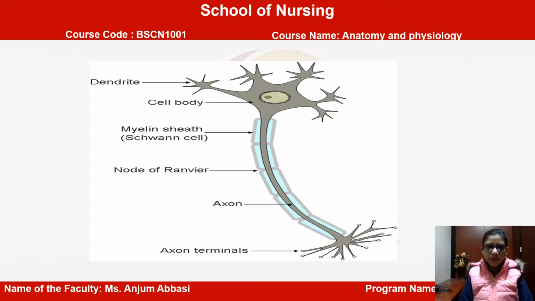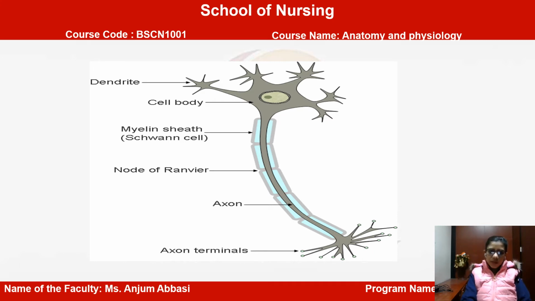So this is the structure of a neuron. You can see the projecting parts at the top. They are known as dendrites. Next, if you come down, you will see the cell body. Then there is a myelin sheath, just follow my cursor. This is the covering of the neuron. This is a myelin sheath because we are learning about neurons in the peripheral nervous system particularly, so Schwann cells are the ones making the covering of this axon.